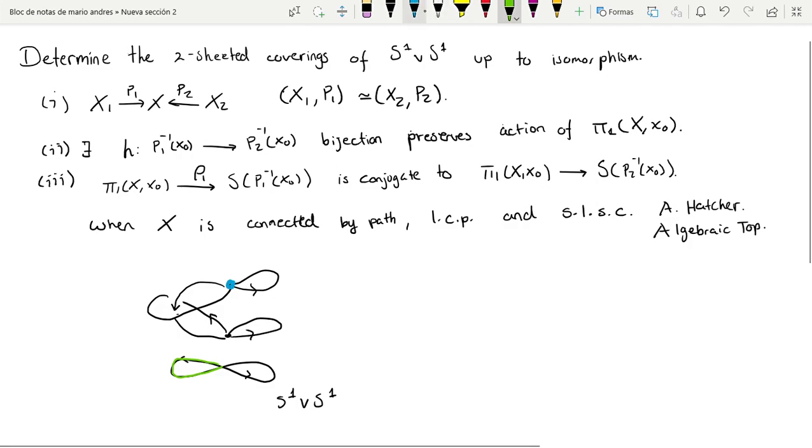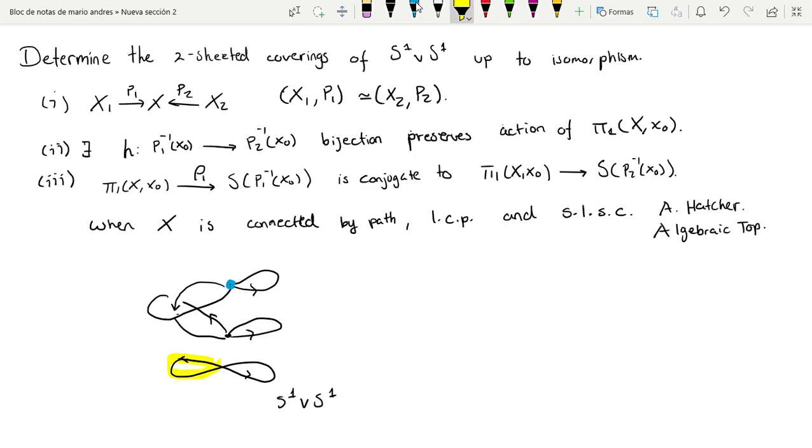So the loop is going like this, in reverse, okay? And we consider the unique lift of that loop that starts in the point in which we are interested in the action, right?